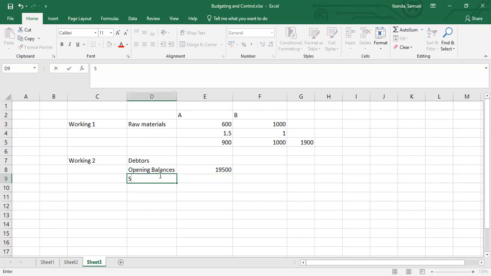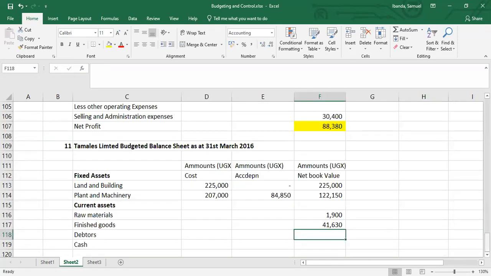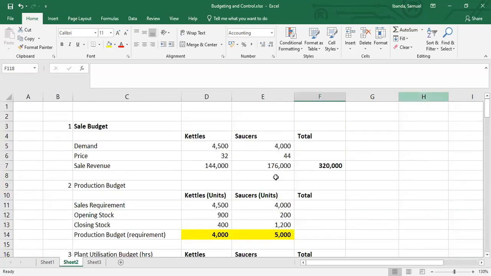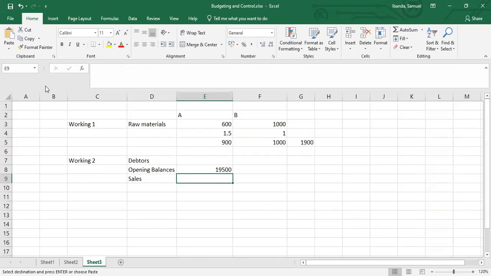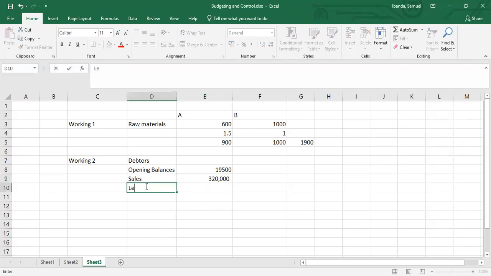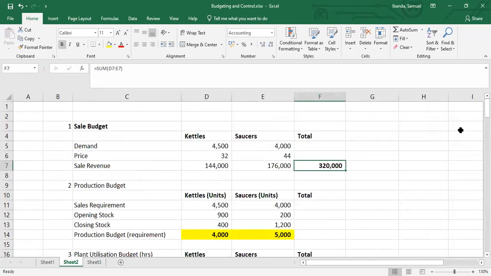So I look at my sales. From our sales budget, if you remember, our sales was 320. So after considering my sales, I now come and less receipts. What have I received during the period? The receipts I get from my cash budget.